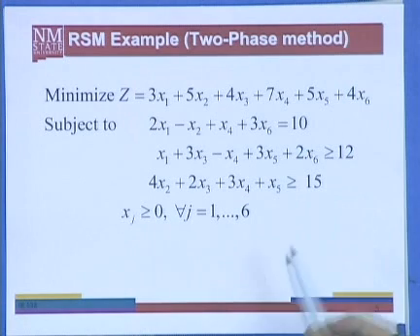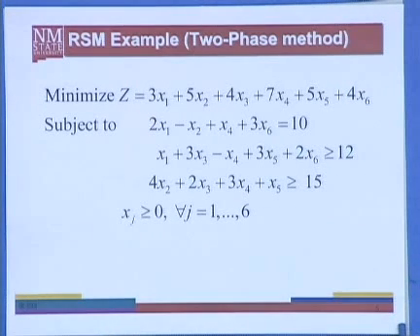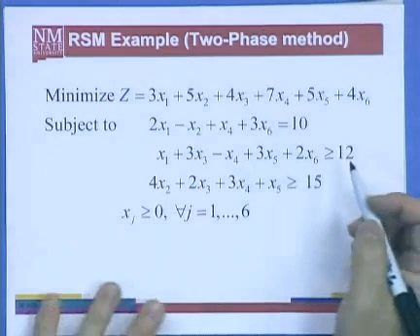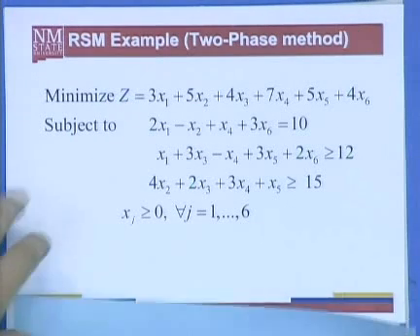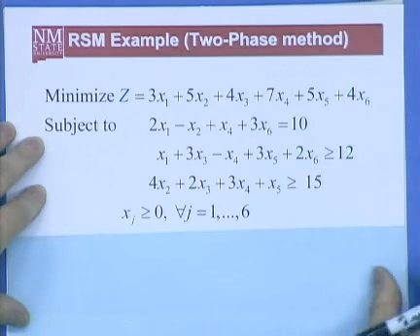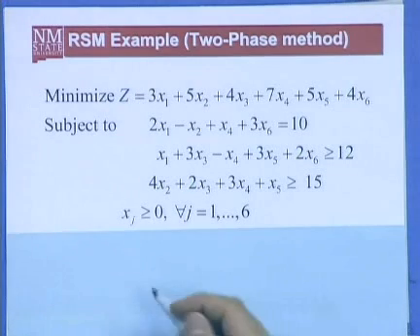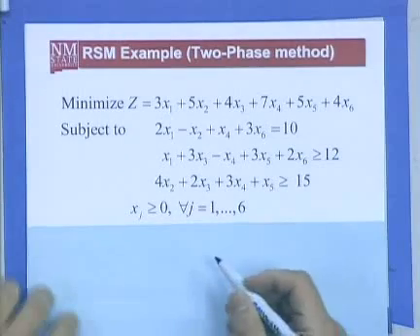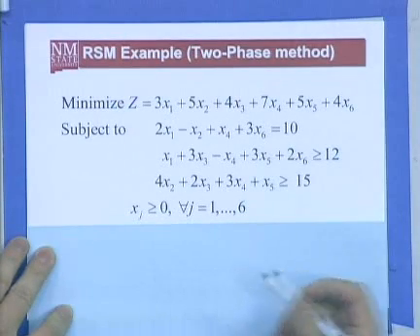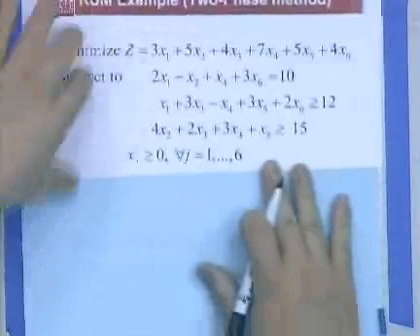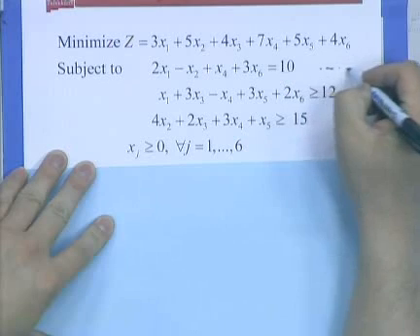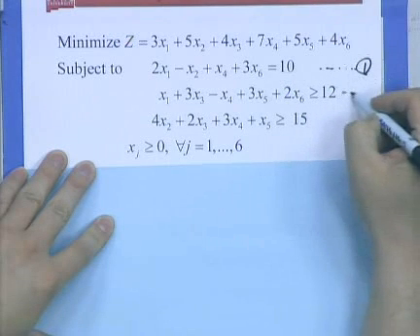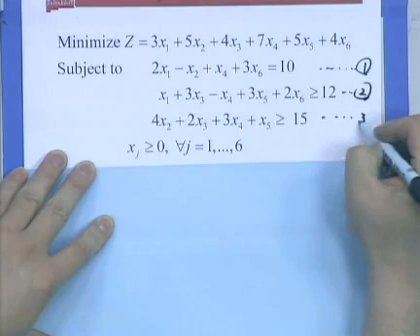So by subtracting the surplus variable from the second constraint, okay, let's see, this is constraint number 1, number 2, and number 3.